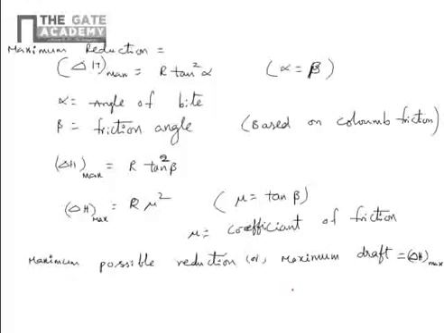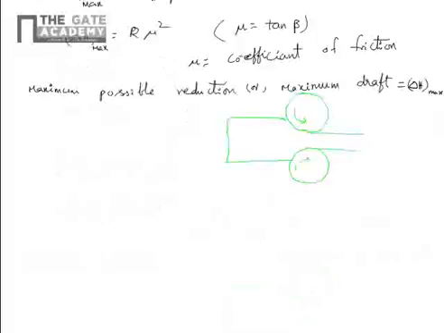If you draw the diagram, velocity at the entry point, this one is the exit point and here it is the neutral point.